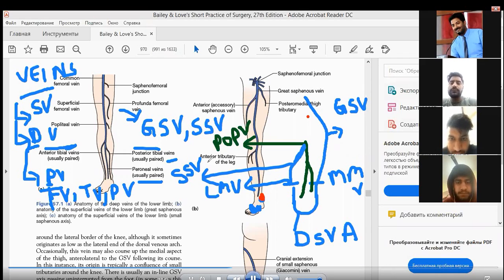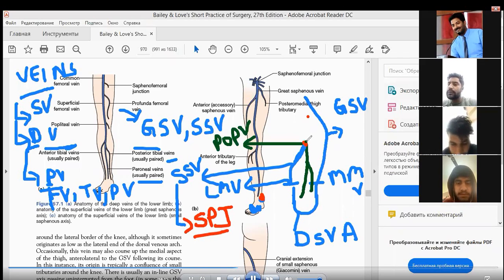So the short saphenous vein along with the popliteal vein forms a junction, which I draw here in red color. This junction is known as the saphenopopliteal junction.